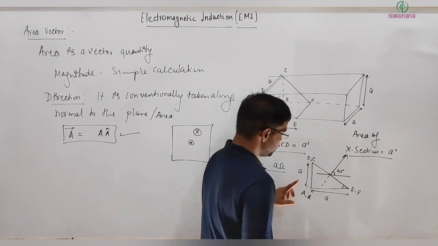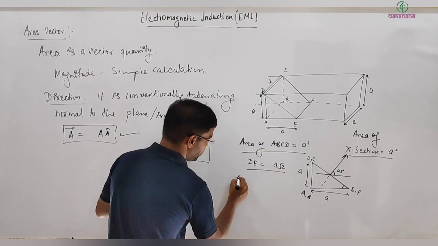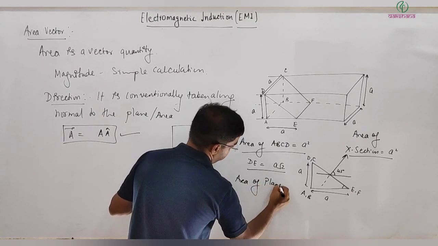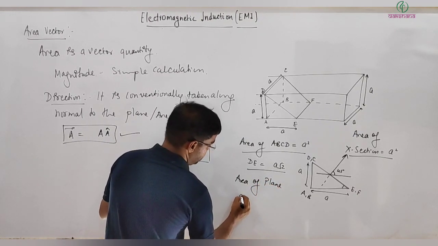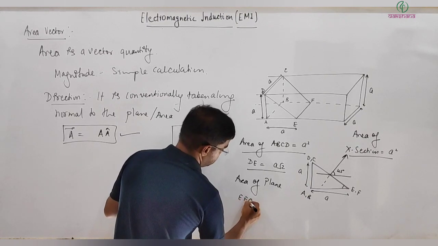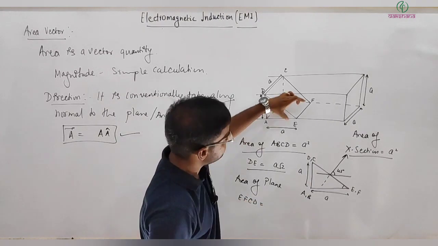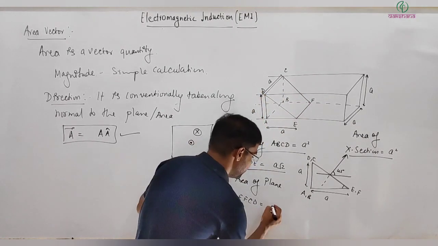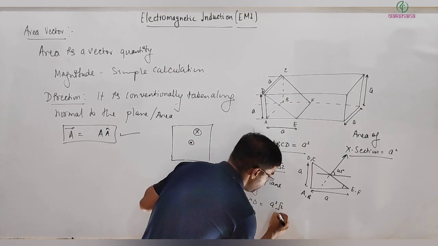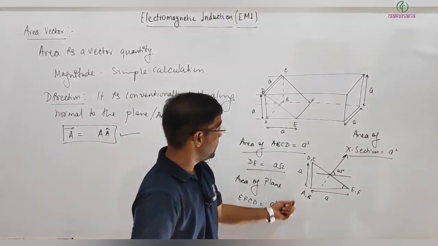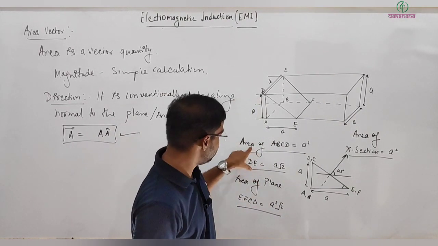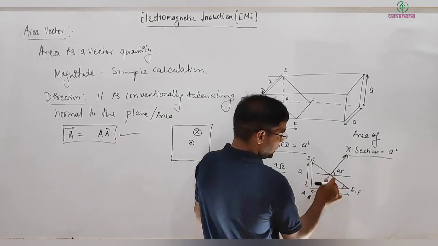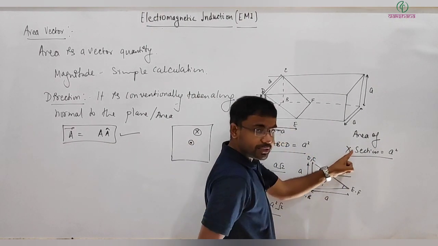In this situation, the area of plane EF and CD, its width is A and this one is A root 2, so you can write this is A square into root 2. Clear? I know this area ABCD is A square. Its area vector is along this direction.